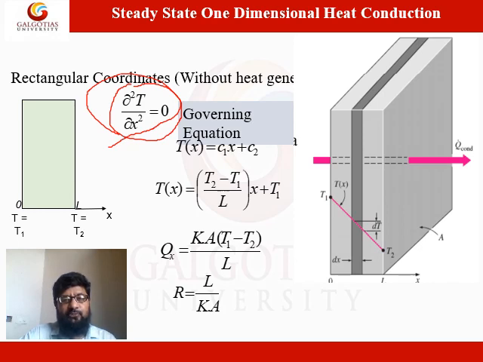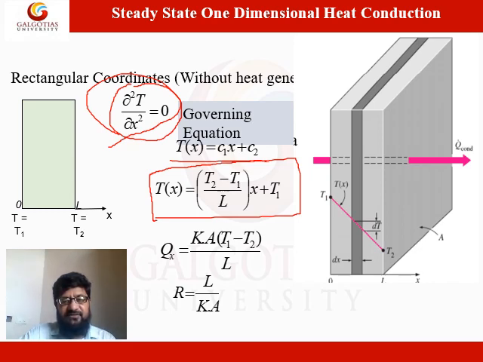Upon integrating twice, we can obtain the temperature distribution in terms of x, and the boundary conditions will be: at x equal to 0 the temperature is T1, and at x equal to L the temperature is T2. Using these two boundary conditions, we can obtain a relation for the temperature variation along the x direction.